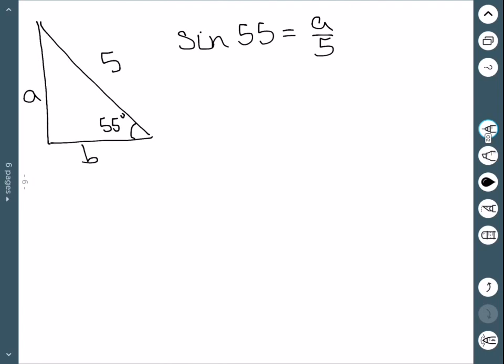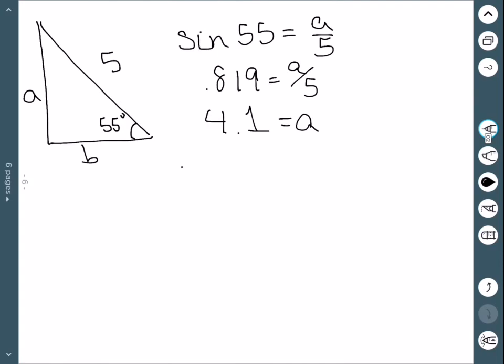And then we can find the value for A. We'll start with 55 and the sine of that, which is 0.819. Multiplying by 5 then gives me that the ladder is approximately 4.1 meters up.